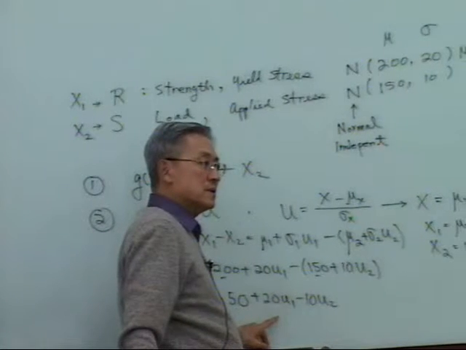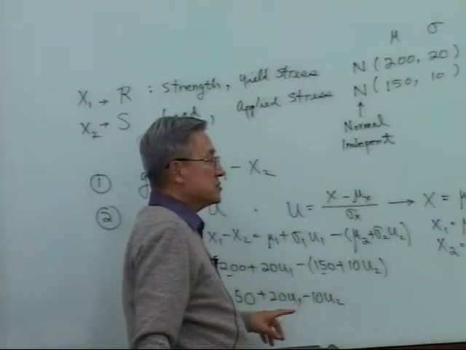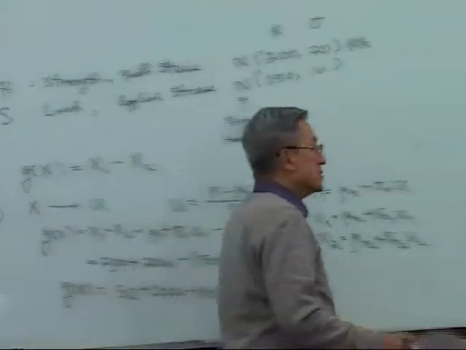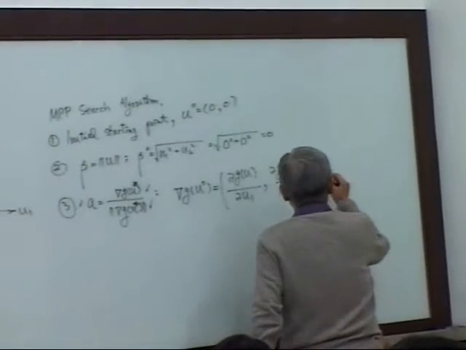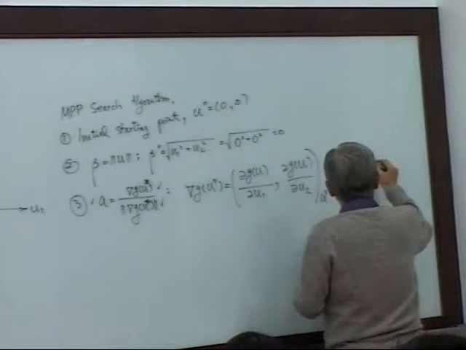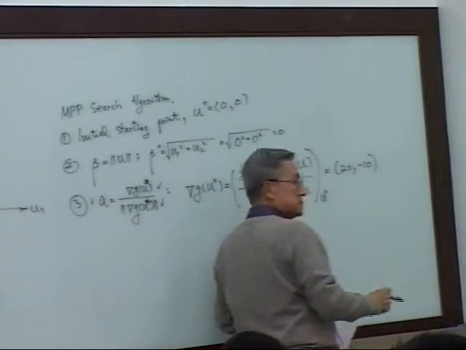It's 20, right? And next, del G over del u2 is minus 10. So this gradient's components are 20 and minus 10.